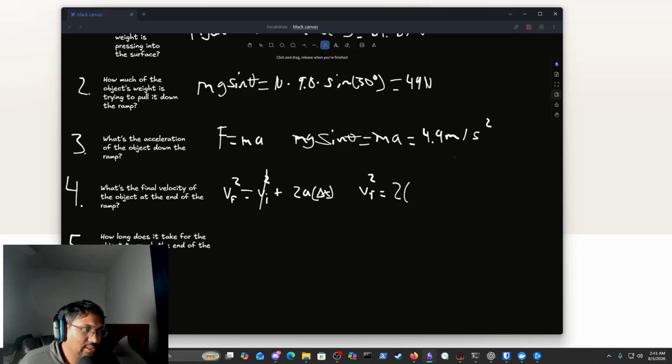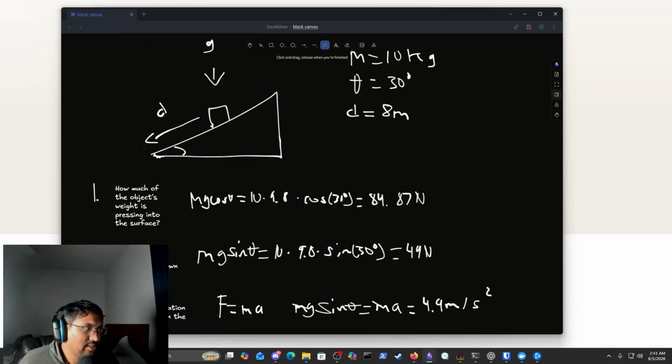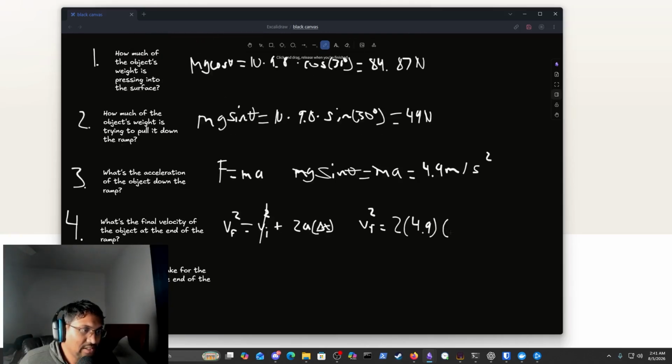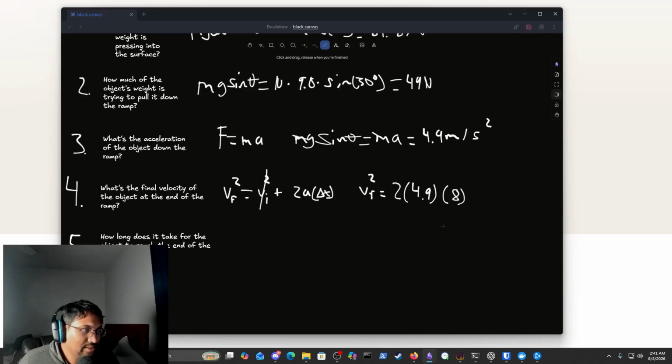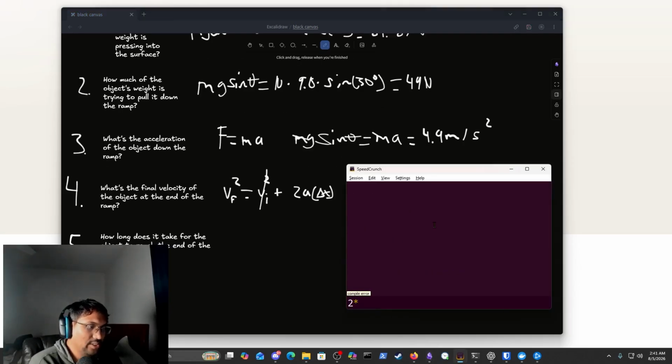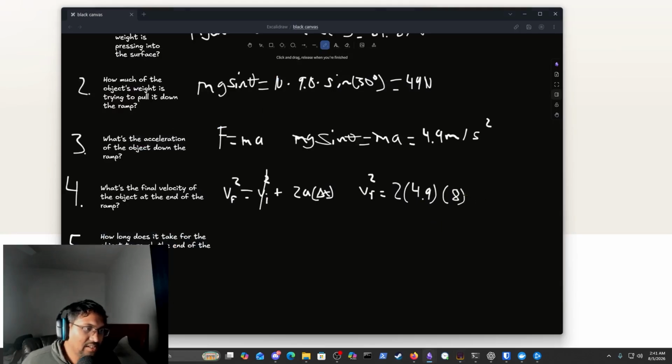So we have 2 times our acceleration along the ramp, 4.9 meters per second squared, and our displacement starts here and ends at the end of the ramp, which is 8 meters. Our displacement is 8 minus 0, which is just 8, so we replace that with 8. Then 2 times 4.9 times 8 is 78.4. So v squared final is 78.4.